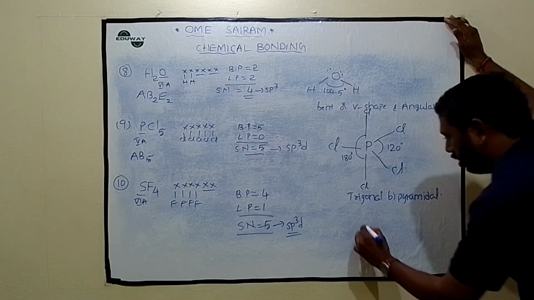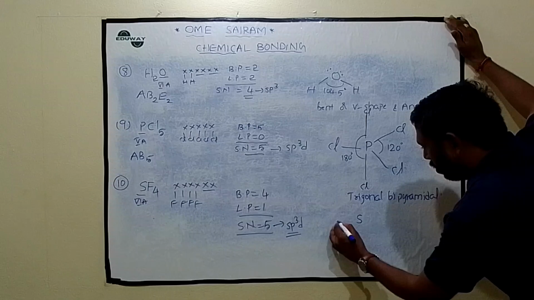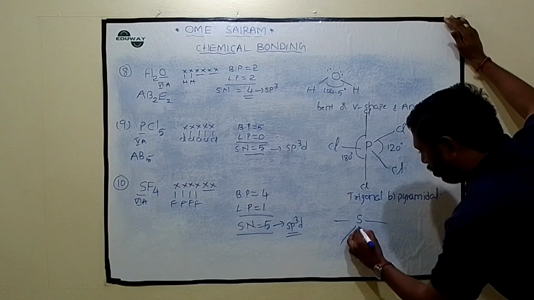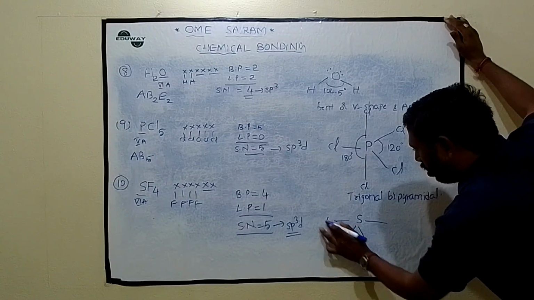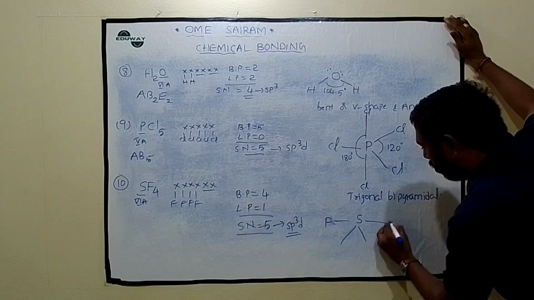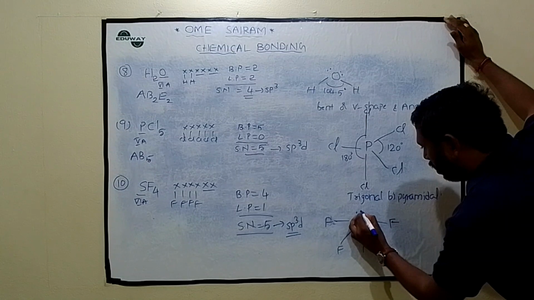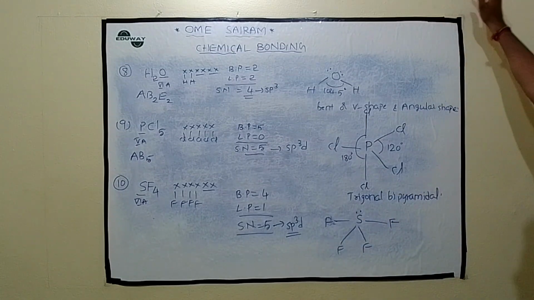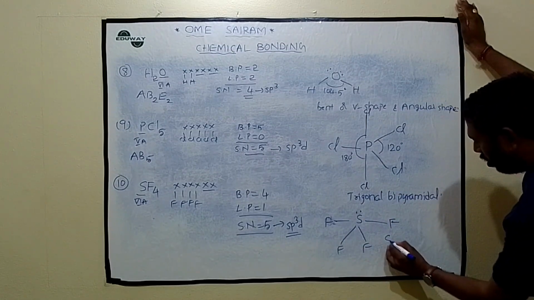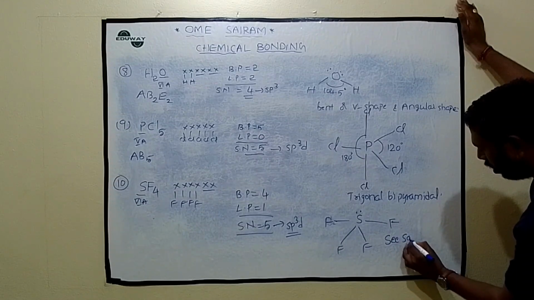When we observe the structure, sulfur is forming 4 bonds with 4 fluorine atoms, and it has 1 lone pair. The shape is seesaw.